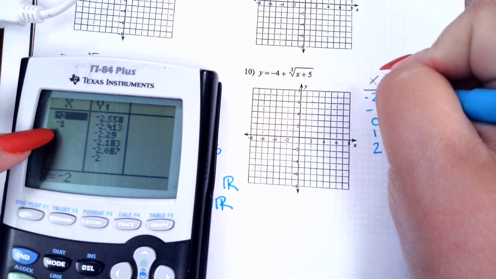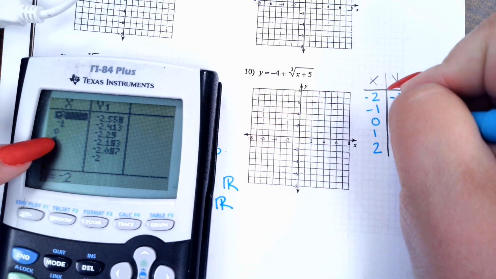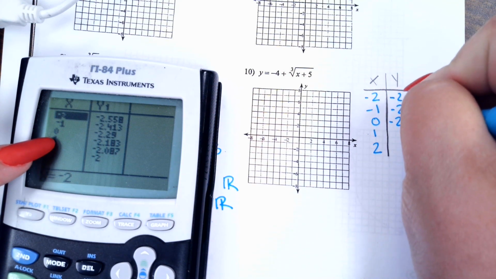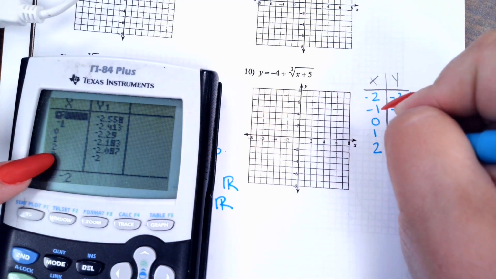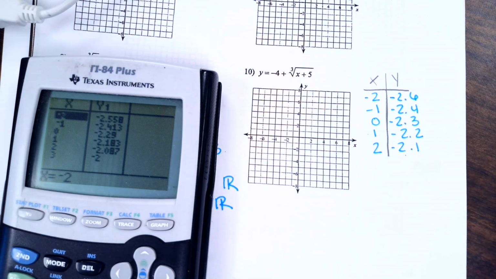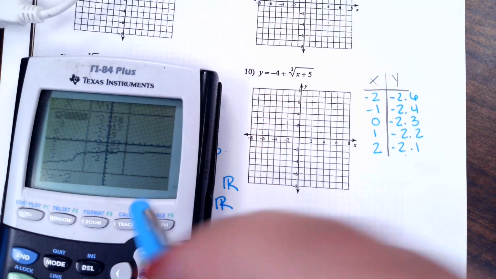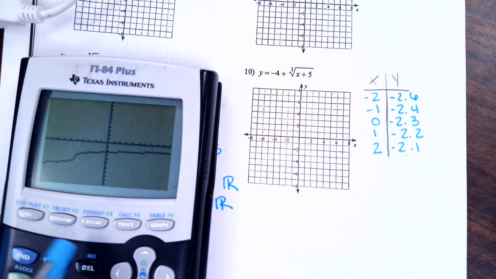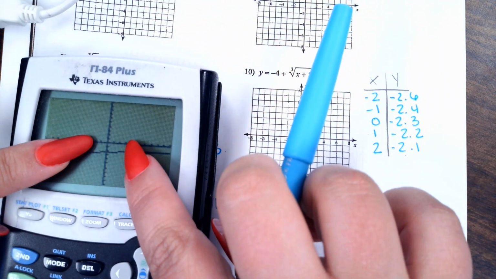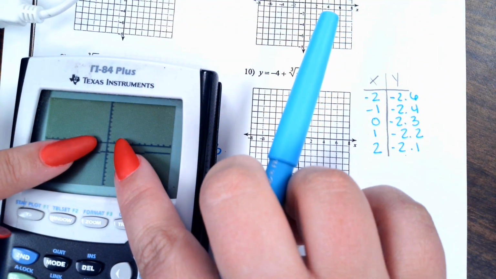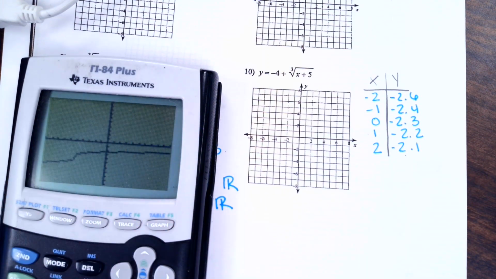Negative 2 gives us negative 2.6, negative 1 gives us negative 2.4, 0 is negative 2.3, 1 is negative 2.2, 2 is negative 2.1. Now notice how these y's are pretty close together. If we look at the graph, negative 2 is here, and then positive 2 is here. So all of these are on this half of our curve. We don't have any down here or any close to here, right?